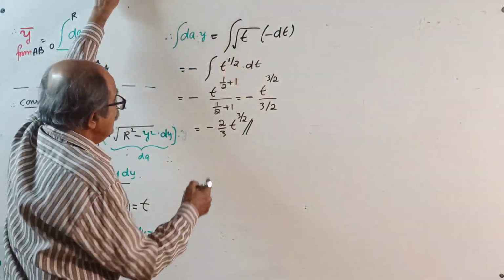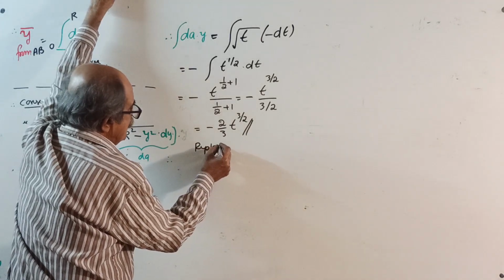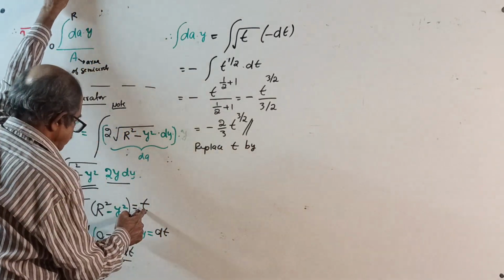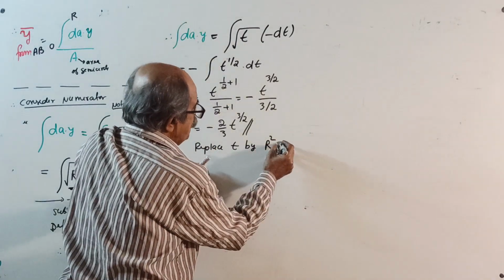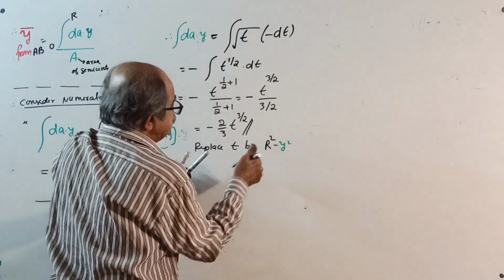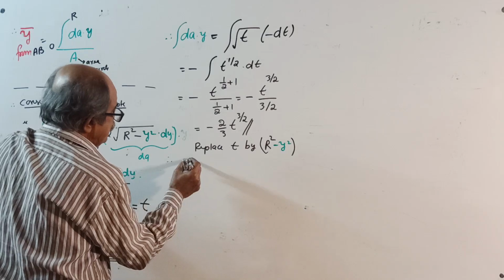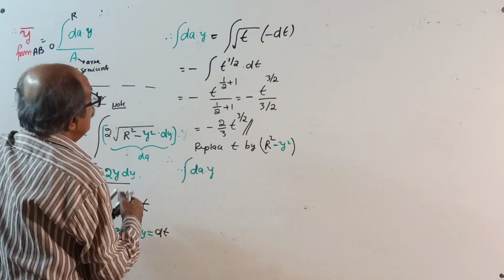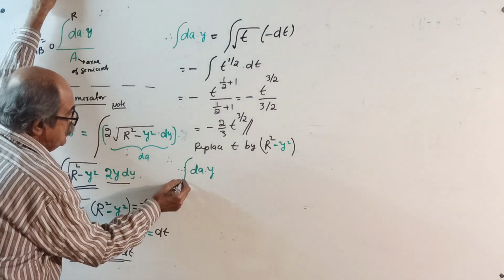That is the integration of dA into y. Now replace t by r square minus y square, because the purpose is over. Now go to the limit of 0 to r.